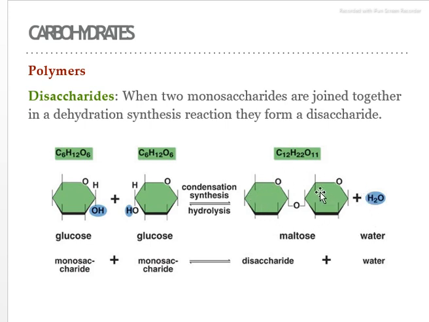So maltose is an example of a disaccharide. Here water is released to form the bond between the two monosaccharides, thus a disaccharide is formed. So monosaccharide plus monosaccharide forms disaccharide plus water. This is the reaction to form a disaccharide.